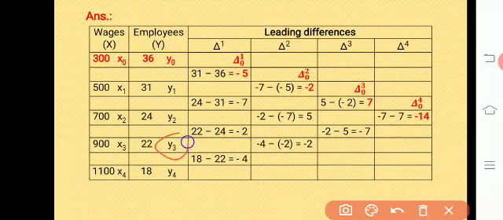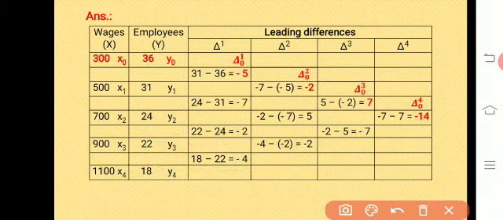Next is y3 minus y2, that is 22 minus 24, which is minus 2. Next is y4 minus y3, that is 18 minus 22, and 18 minus 22 is minus 4.